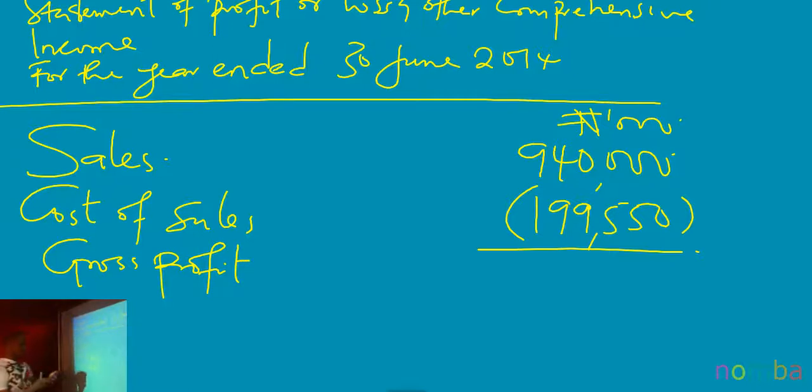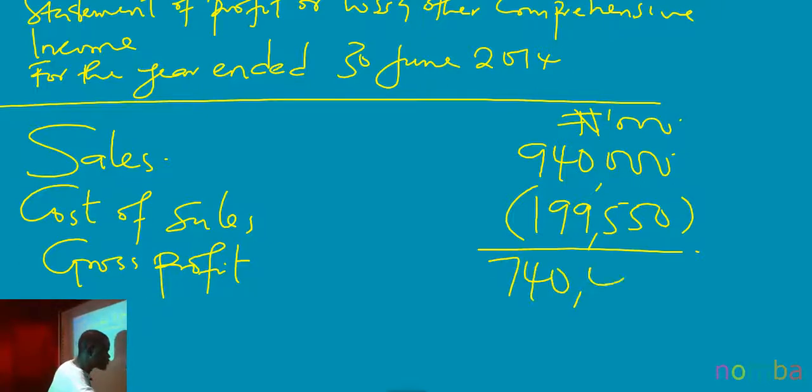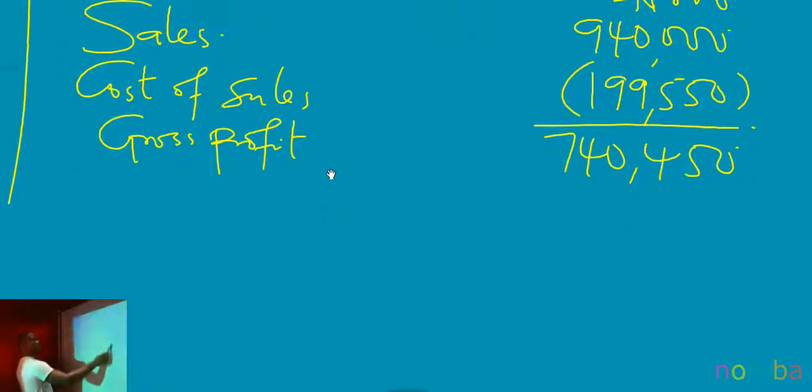So my gross profit will be 940,000 minus 199,550. That gives me 740,450.